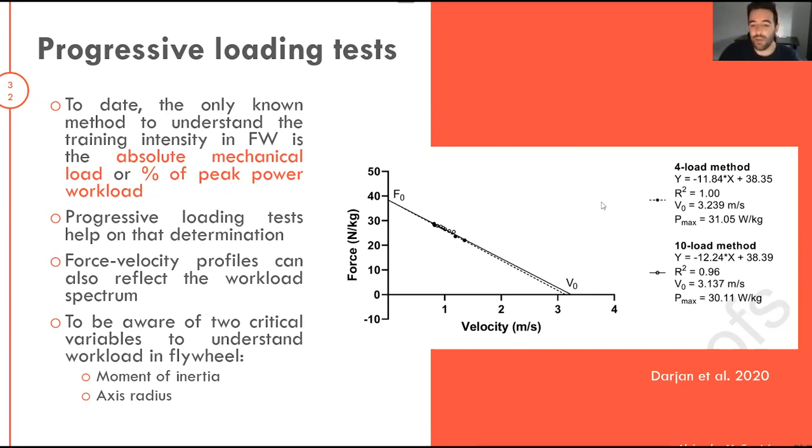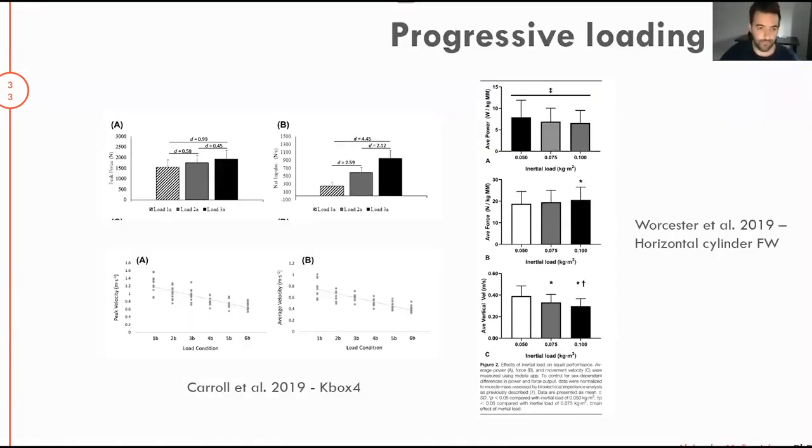And you can also create, as is shown in this research by Darjan and colleagues in 2020, the force-velocity profile. But you need to be aware that the real workload or intensity of the flywheel depends on both the moment of inertia and the shaft radius, the axis. If you see the different kinds of research, you can see a progressive overload when you increase the load.